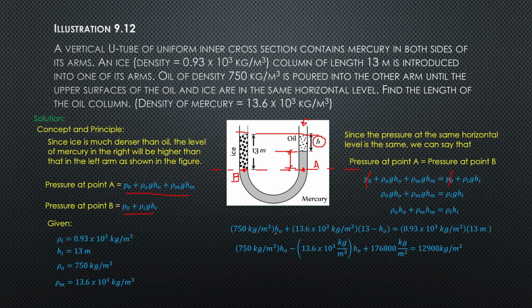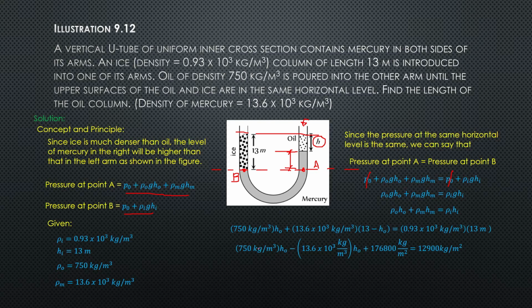Simplifying this equation, this becomes 713 h of the oil minus 13.6 h of the oil, equal to 12,900.